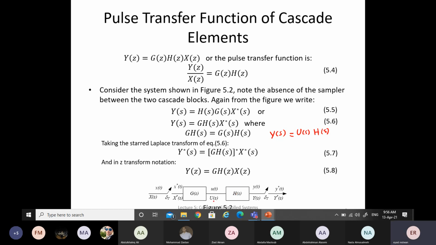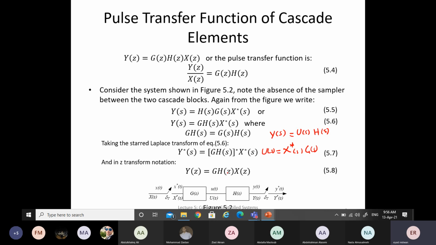Okay, now u of s, what is it? It is actually x star of s times g of s. As you can see, it's x star of s times g of s. So notice u of s is not a sampled signal.